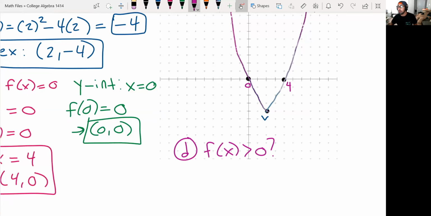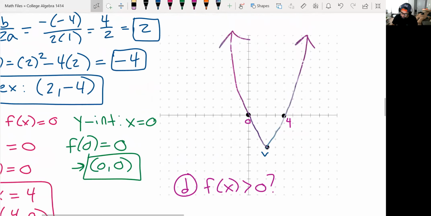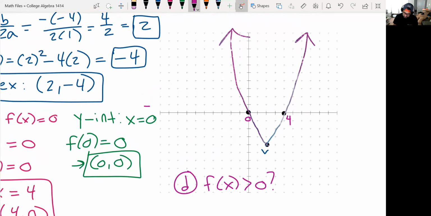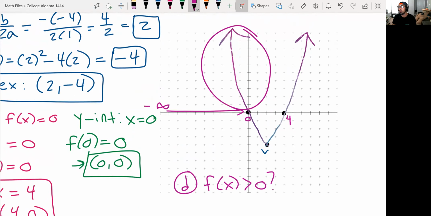So where are we above? What x intervals are my y values above the x-axis? So looking at your graph, there's negative infinity. As you approach from the left side, we see that from negative infinity to 0, this graph is above the x-axis. So that's our first interval.